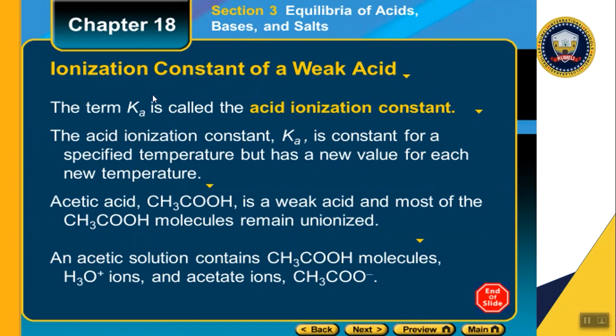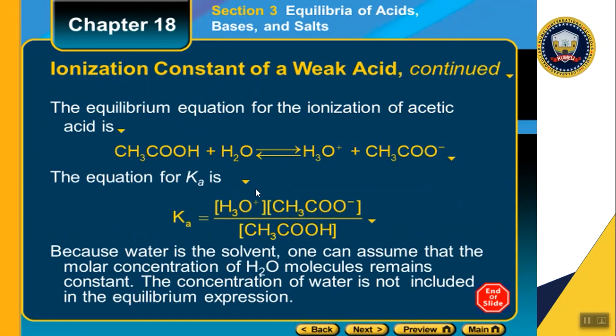We studied the acid ionization constants, Ka, and in the same way, the acid ionization constant Ka is equal, like here, to the concentration of the products over the concentration of the reactant, neglecting the concentration of H2O, because it has self-ionization, so it is neutral and has no effect in this equation.